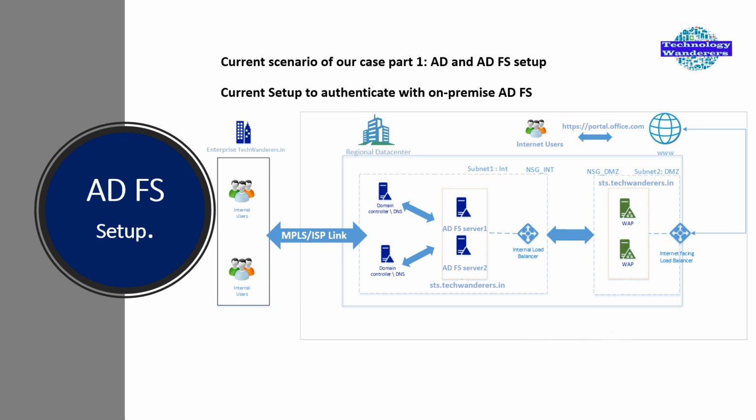So these internet users, how will they come? They will first come to the web server, then that request will go to the ADFS server and it will be served. The ADFS servers are in the intranet zone, the internal zone, and the web servers are in the DMZ.